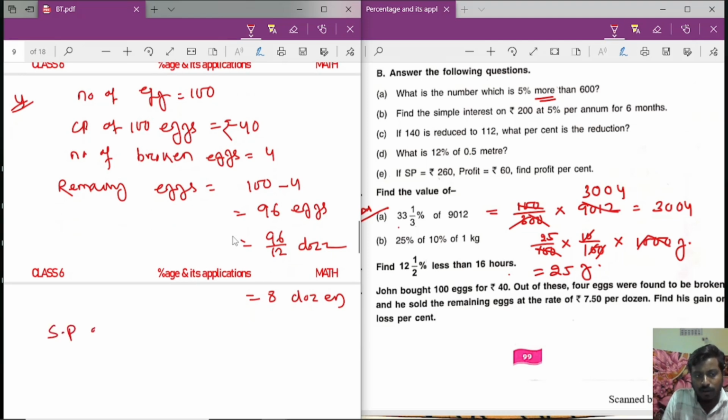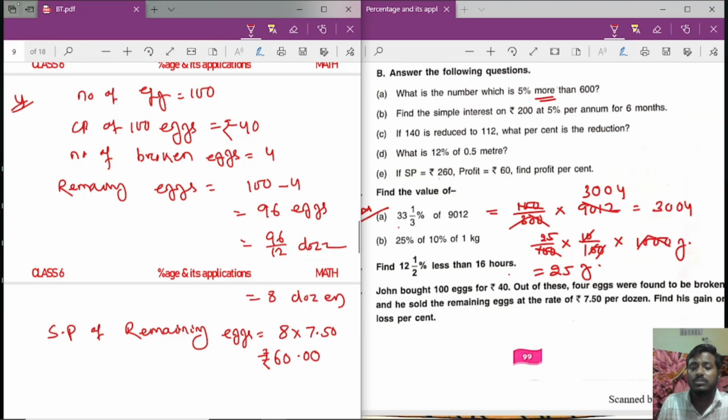So SP of the remaining eggs equals 8 into, because 8 dozen are remaining, 8 into 7.50 per dozen rupees. So multiply, 8 0s are 0, 8 5s are 40, carry 4, 8 7s are 56, so 60 rupees.